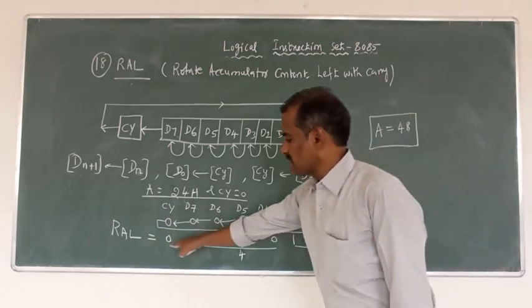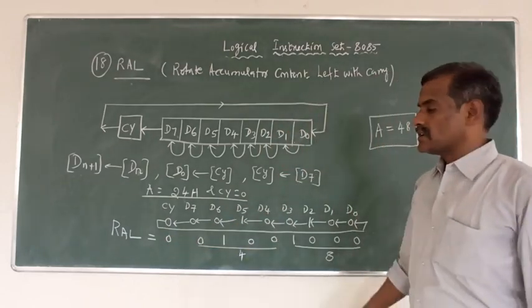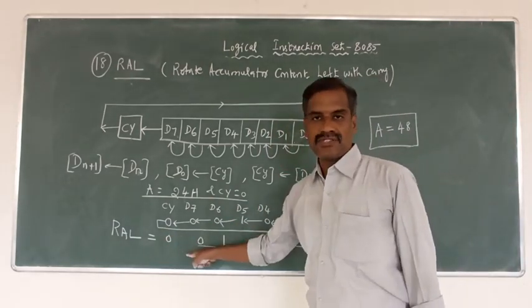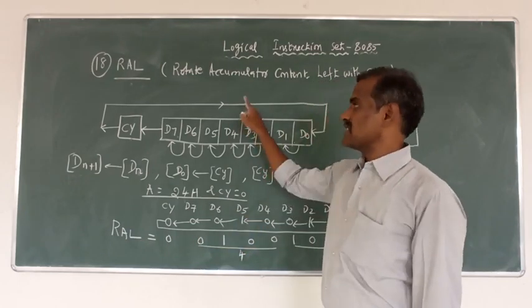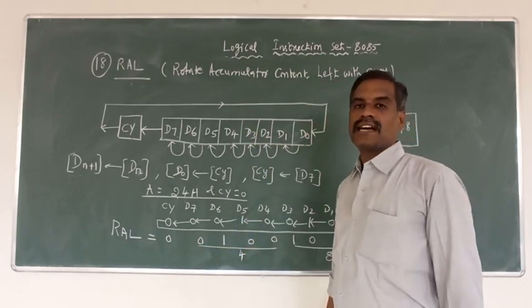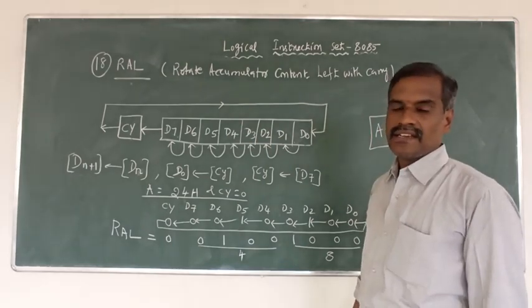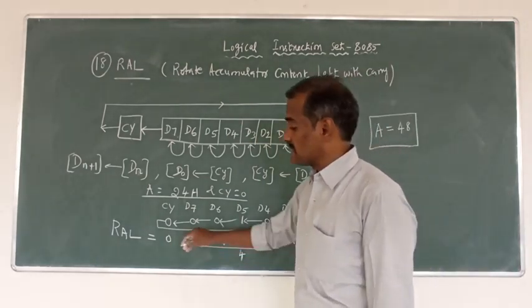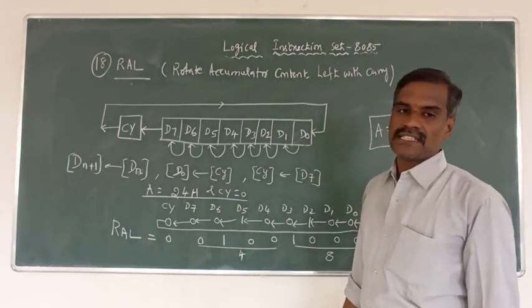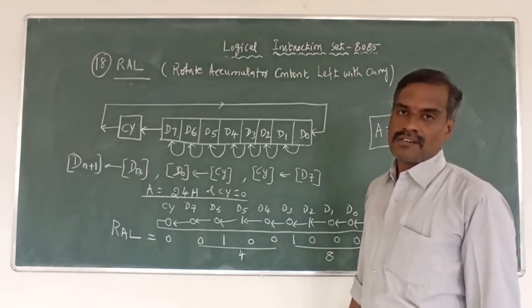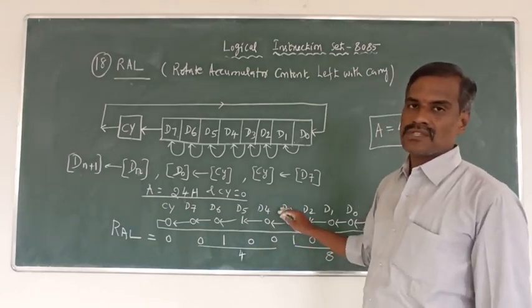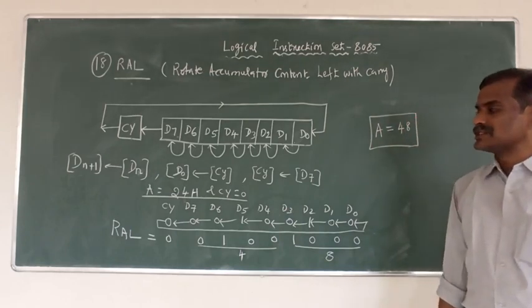Now the carry will be 0, before also 0 and after also 0. What purpose are we using it for? It is to rotate the accumulator content left and also to check the carry status, whether it is set or reset condition. For that we can use this type of instruction.